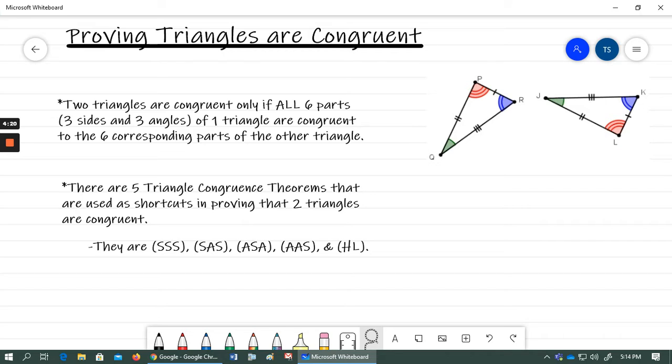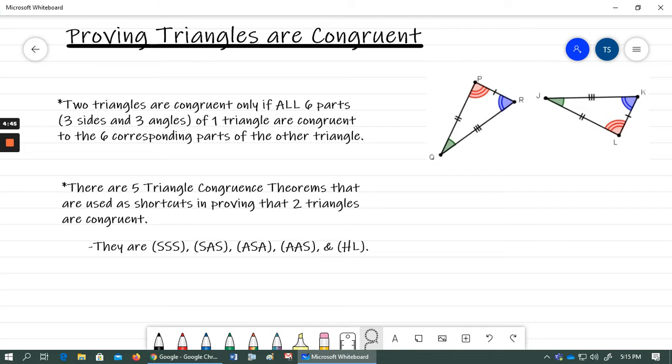All right, so those 5 triangle congruence theorems are SSS, which, if you watched our last previous video, you know the S's stand for side. The A stands for angle, right?